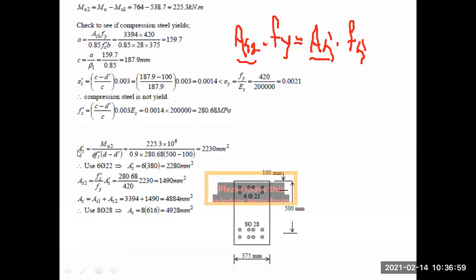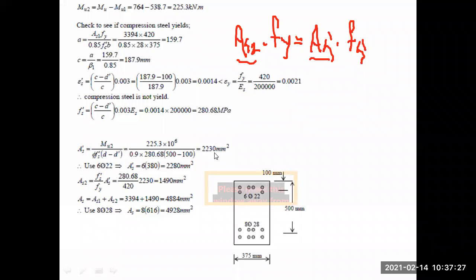If you calculate AS prime, you have to use Fs prime. To calculate AS2, you have to make use of Fy because S2 has yielded, but AS prime hasn't yielded. That's why you have to make sure. If you want to get AS prime, you get Fs prime, then use this equation, which is the moment equal to AS prime, Fs prime, d minus d prime, sorry.